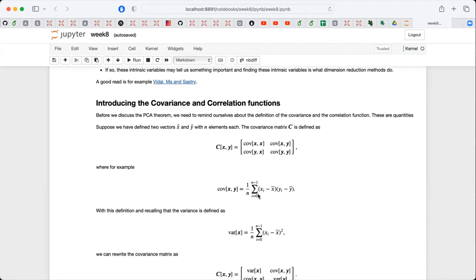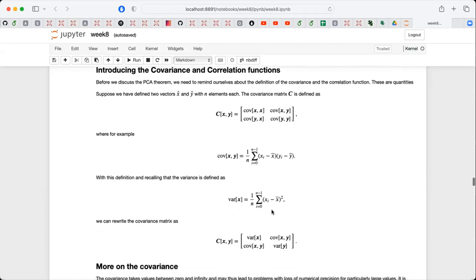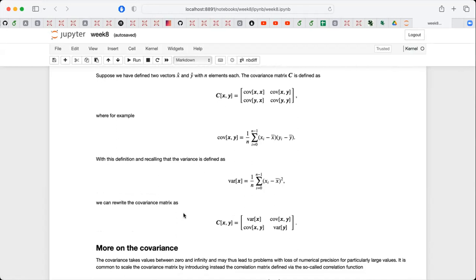So this is the formal definition of the covariance between x and y. And you see it sums over the n variables which you have. And the variance is just this quantity squared for just one of the quantities. That means that you can rewrite the covariance matrix as the variance along the diagonal elements, and then the covariance along the non-diagonal ones. So this is a symmetric matrix.